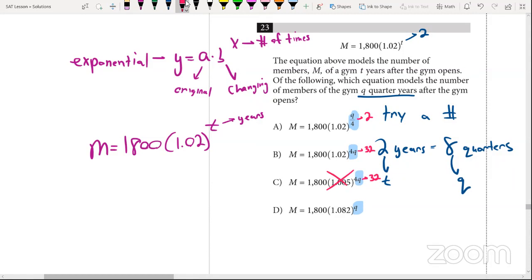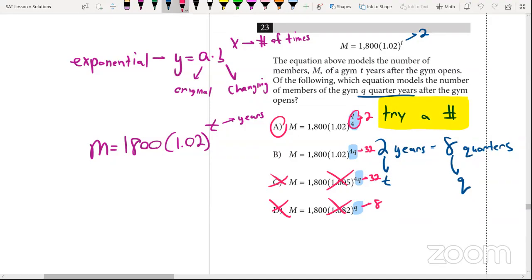This one doesn't even have the same percentage, and neither does this one. So they're kind of beside the point. But notice that when you put 8 into choice A, you get an exponent of 2. So you get this thing to be triggered twice, which is exactly what we needed, because 8 quarter years is 2 years. So by trying a number, we were able to negotiate the difference.